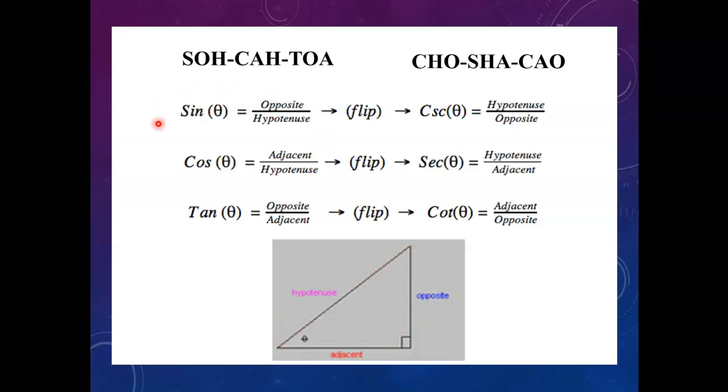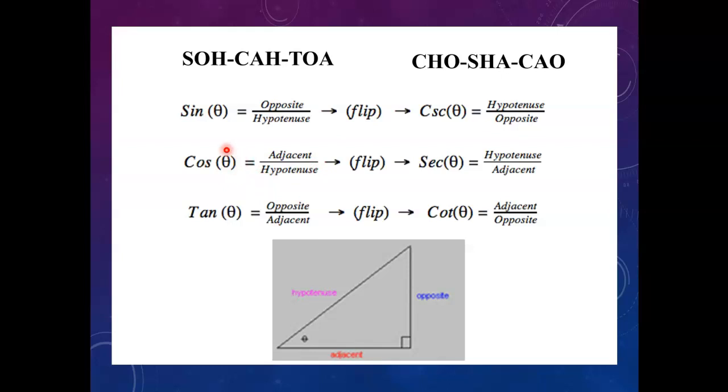Now, we look at sine theta, and it is equal to opposite over hypotenuse. This is the SOH part of SOHCAHTOA. So it's easy to remember what sine theta is with SOHCAHTOA. The same with cosine theta. Cosine theta is equal to adjacent over hypotenuse.